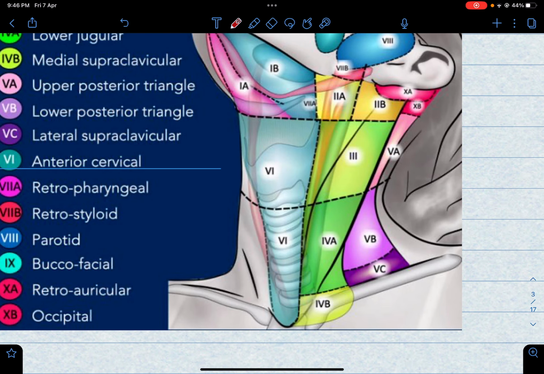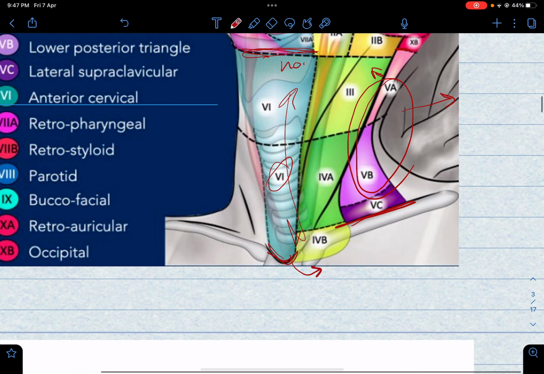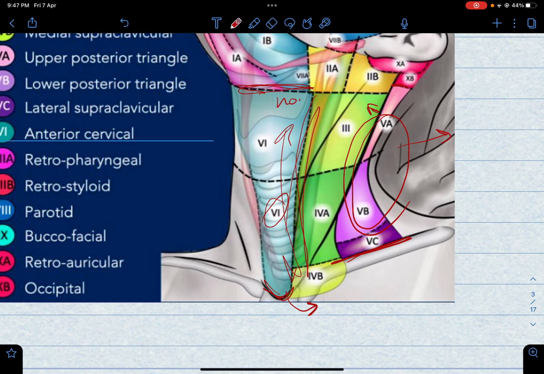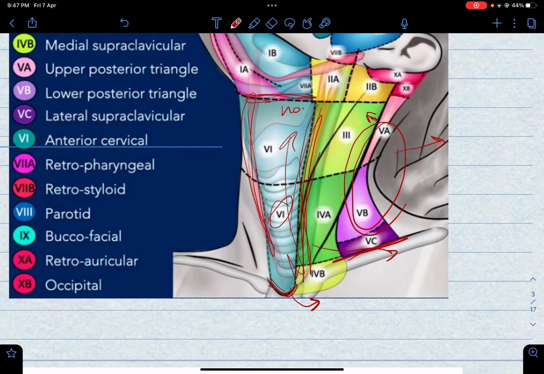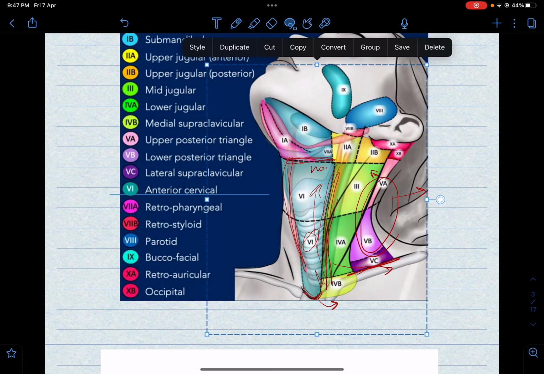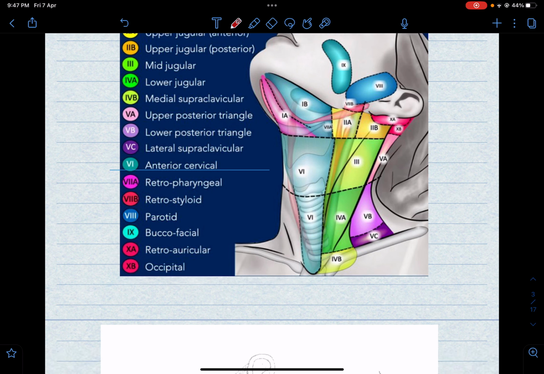It's bounded superiorly by the hyoid bone, inferiorly by the suprasternal notch, and laterally it has the carotid artery or the carotid sheath. So these are the most important levels of the lymph nodes that you should be familiar with.